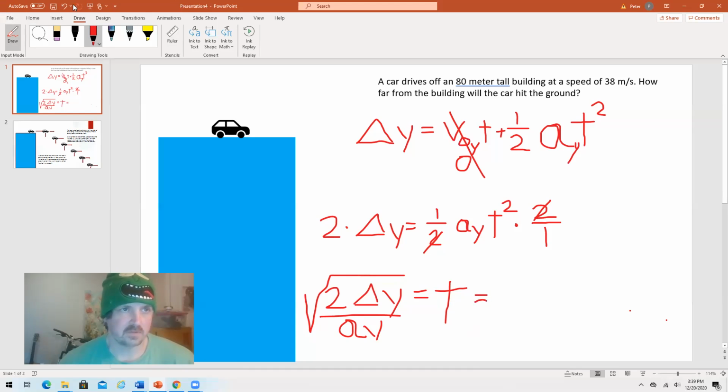Okay, I don't know why I drew the equal sign like that, using my PowerPoint as a whiteboard.